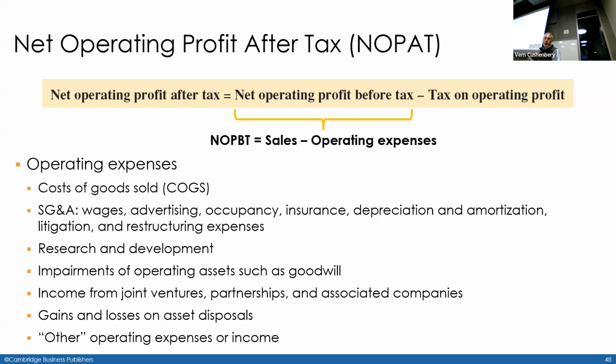Now that we've looked at operating assets, let's look at the numerator of our return on net operating assets, which is profit. We're going to look at it in a special way as net operating profit after tax. We want to identify how profitable the business is.